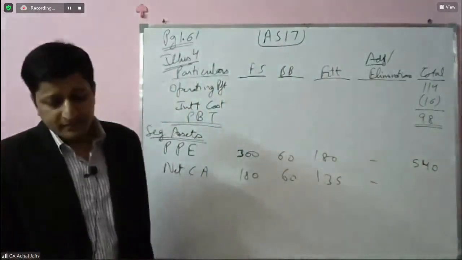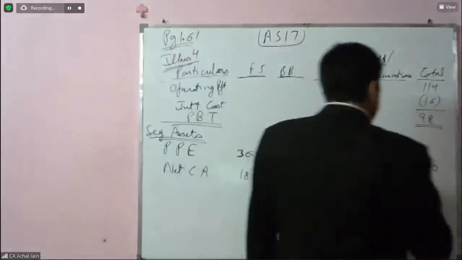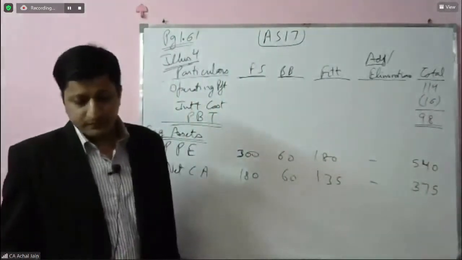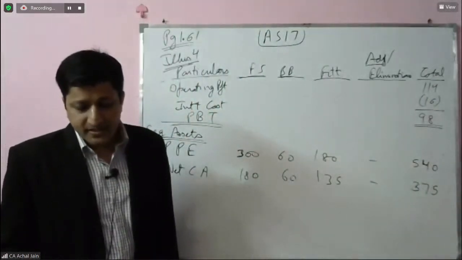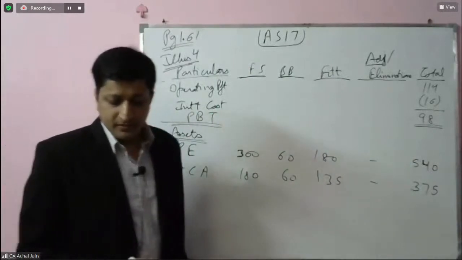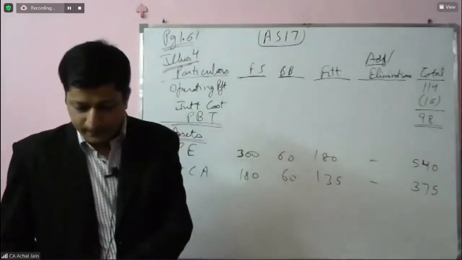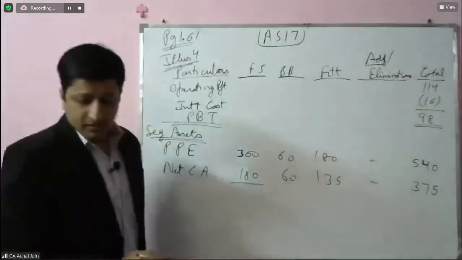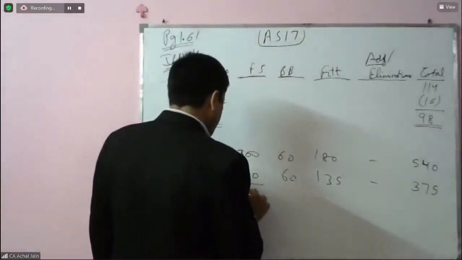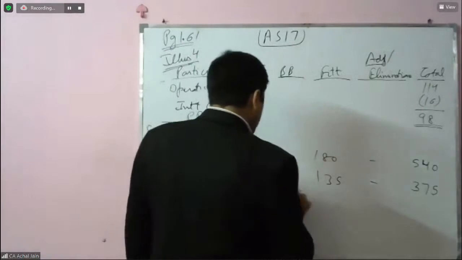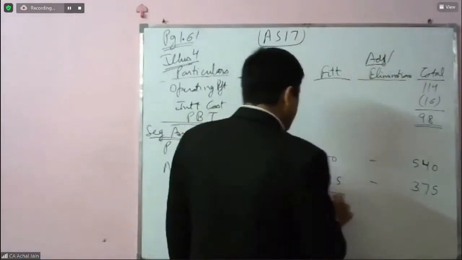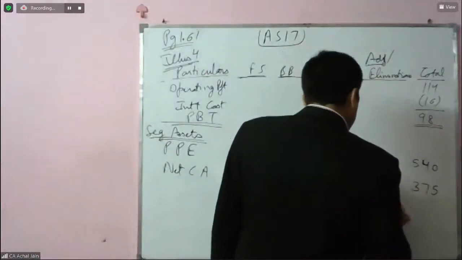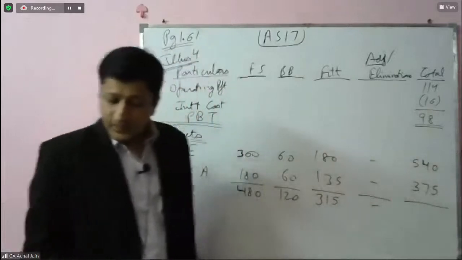What do we have? 375. So the total segment assets that we get over here. Total segment assets will be what? 480. This will be 120. And this will be 315. This will become 915.